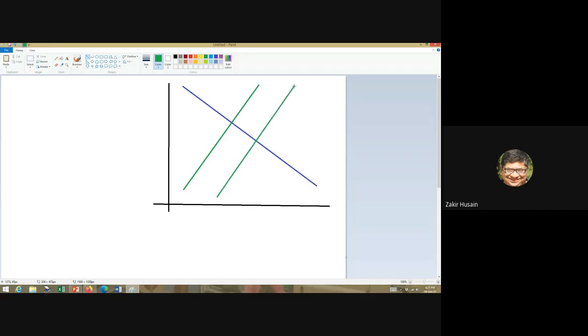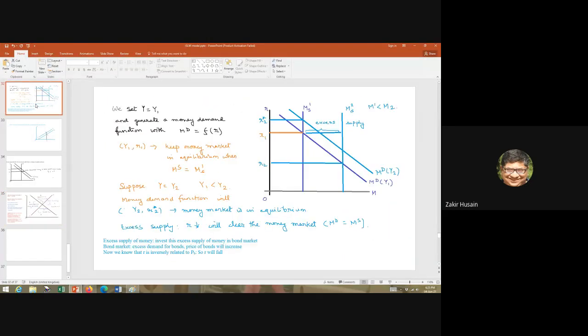So if there's an increase in money supply, you can see that what is happening is for the same level of income, your rate of interest is going to go down.